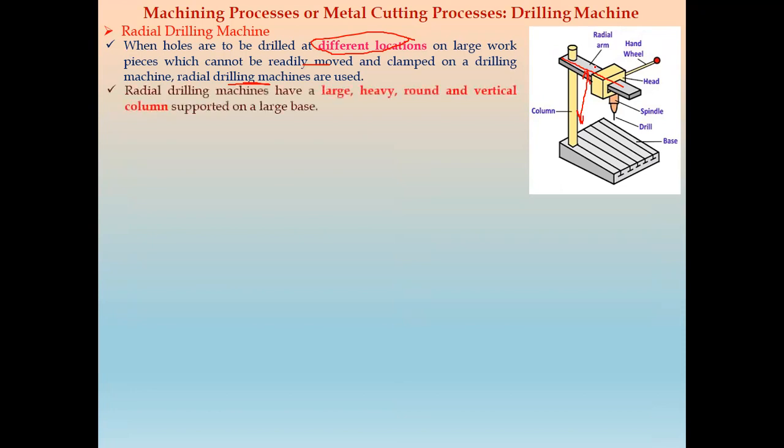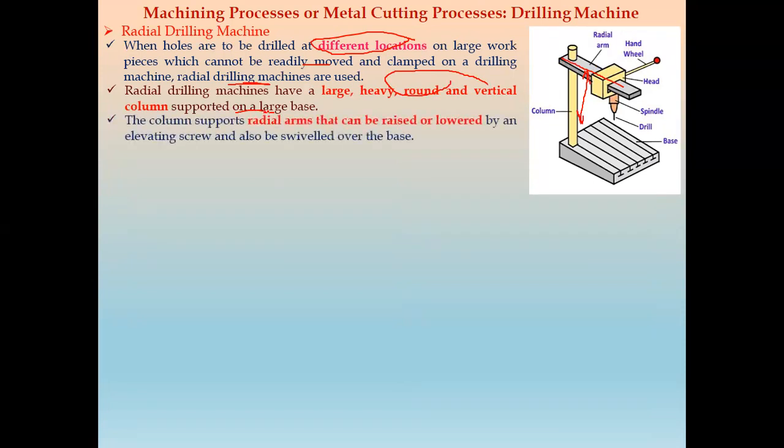So the radial drilling machines have a large, heavy, round vertical column which is supported on a large base. Then the column supports a radial arm that can be raised or lowered by an elevating screw, and also it can be rotated or swiveled over the base.